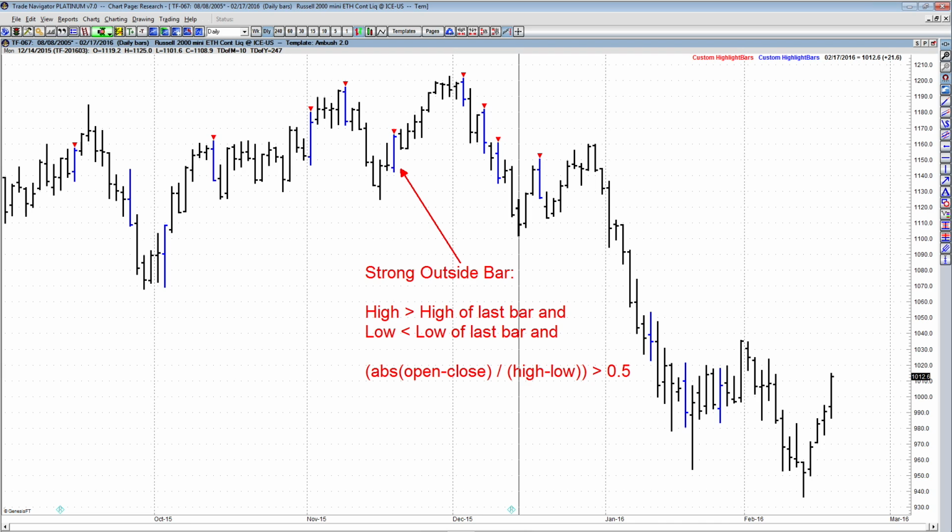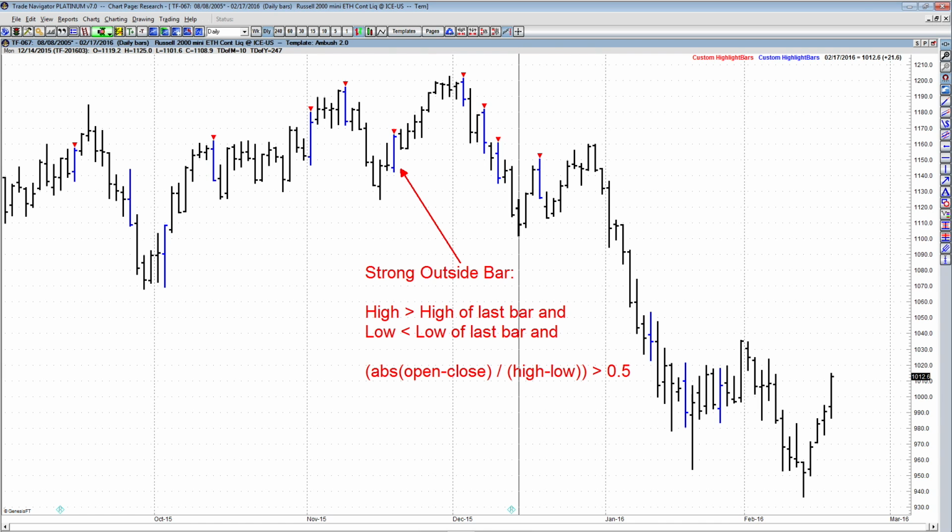How we're going to do that is simply by adding a small filter to it. So it's still the same definition as before. High has to be higher than the high of the last bar, low has to be lower than the low of the last bar. So we take the open minus the close and take the absolute value of that so that it works for both up and down bars, and divide that by the range of the bar, meaning the high minus the low.